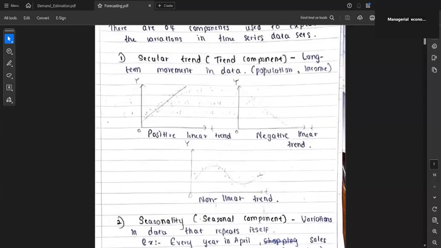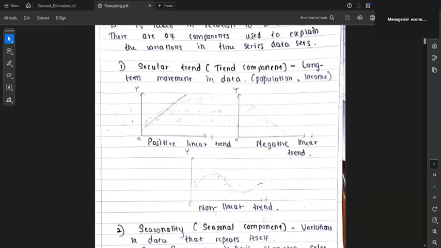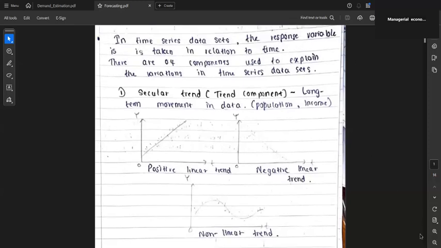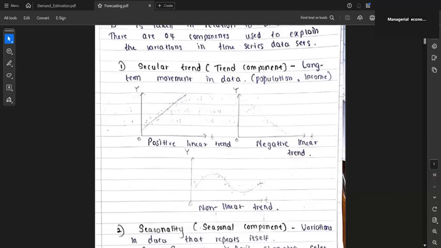And in the additive approach, we assume that we are adding these components together in order to create the result for the variation. So these components are used to explain why the response variable has changed, with the predictor variable being time.